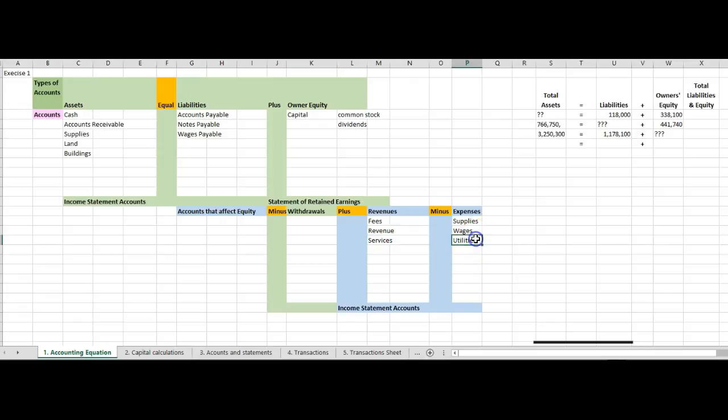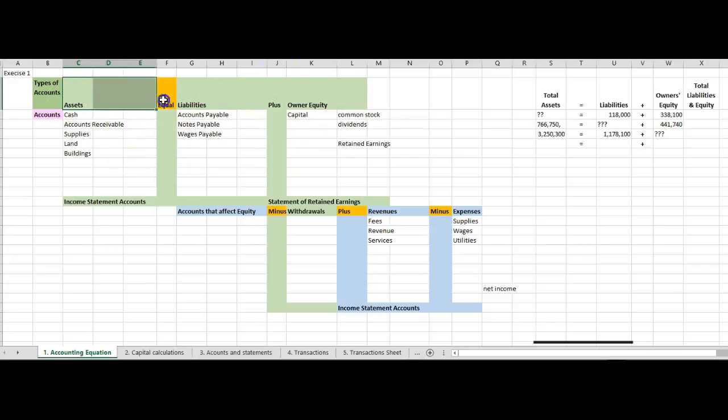From that, we subtract expenses. The difference between those two becomes net income or loss. This net income gets added to owner's equity, either directly to the capital account or to a retained earnings account in a corporation. So these all involve the accounts that relate to this accounting equation.